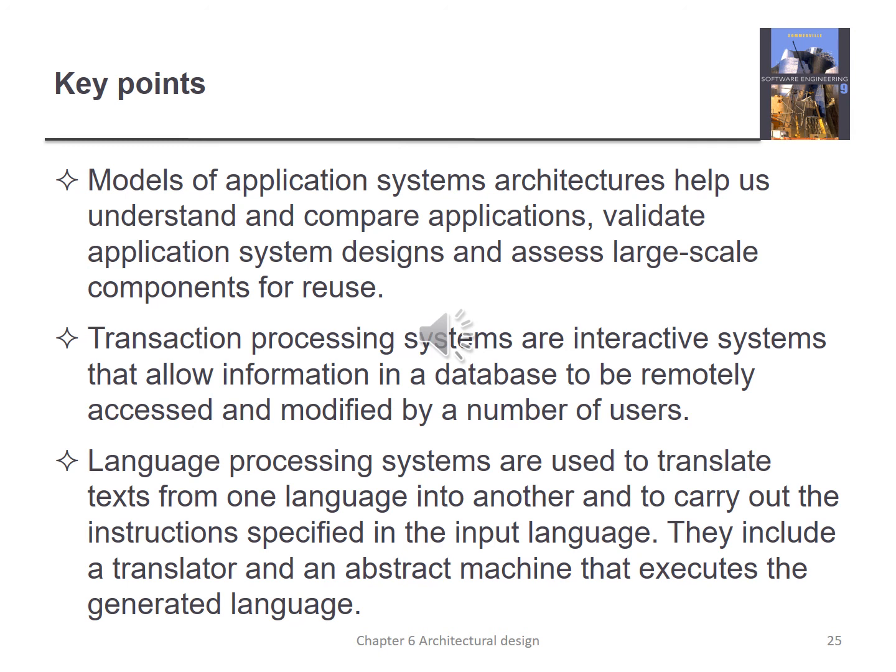Language processing systems are used to translate text from one language into another and to carry out the instructions specified in the input language. They include a translator and an abstract machine that executes the generated language. In this example we used pipe and filter and we used the repository.